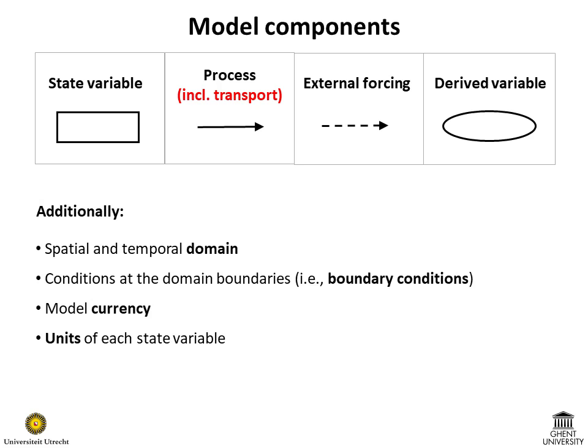In addition to model components such as state variables and processes, the first step of the model development needs to identify the appropriate temporal and spatial domain of the model, conditions at the domain boundaries, the so-called model currency, and very importantly, the units of each state variable.